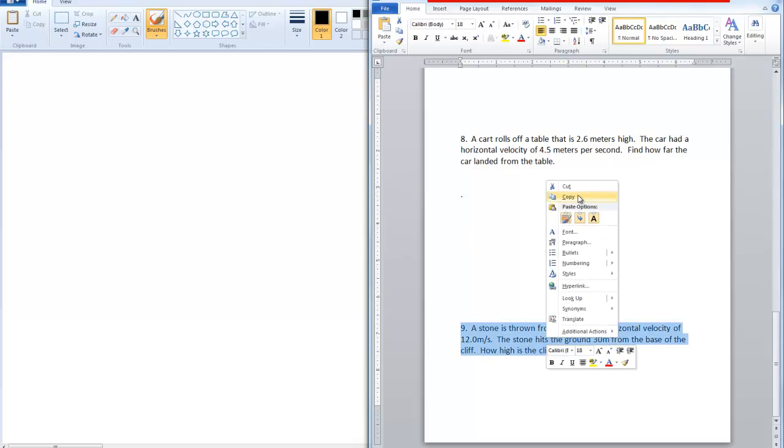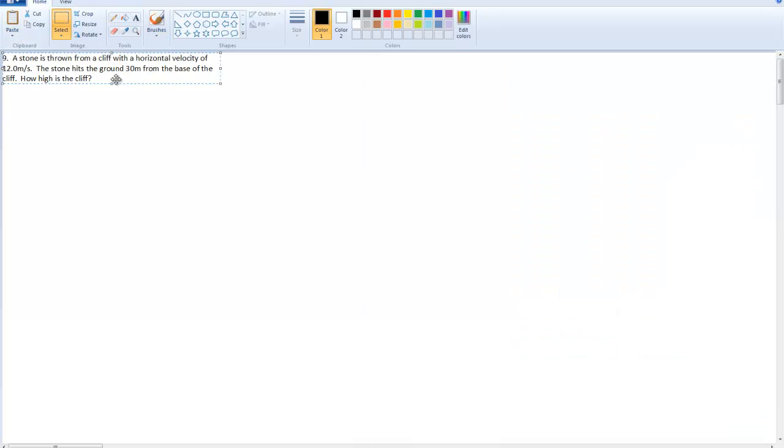Let's copy this. All right, a stone is thrown from a cliff with a horizontal velocity of 12 meters per second. The stone hits the ground 30 meters from the base of the cliff. All right, so this is different information than we normally get. So if I have some sort of cliff, I have a stone that is thrown at 12 meters per second.